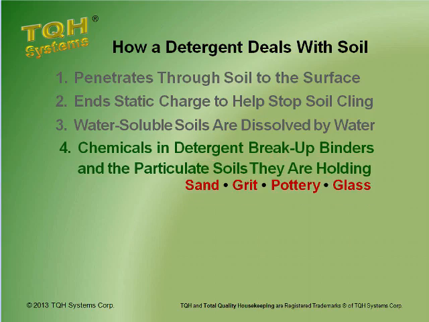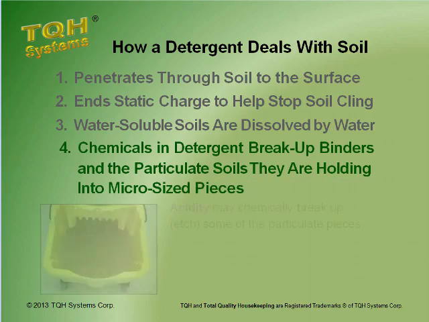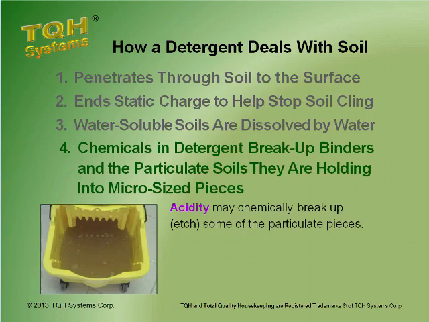Now, the particulate soils are sand, grit, pottery, glass, and a few others. They get broken down into micro-sized pieces, or there might be micro-sized pieces in the soil. They get encapsulated in the detergent. And if you're using an acidic detergent for cleaning, that acidity will chemically etch some of the particulate pieces.